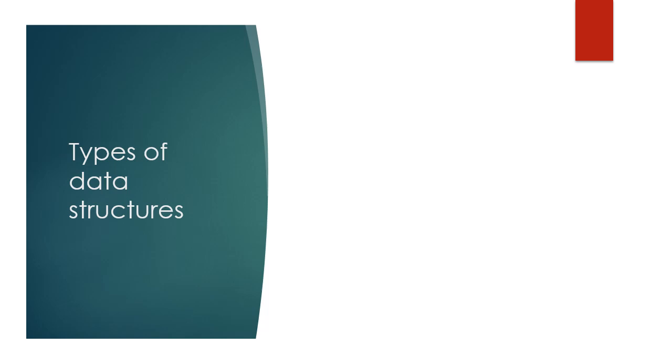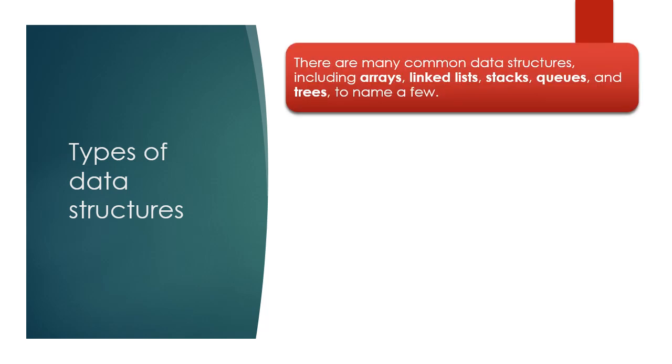Types of data structures. There are many common data structures including arrays, linked lists, stacks, queues, and trees, to name a few. And we have full chapters on each of these.